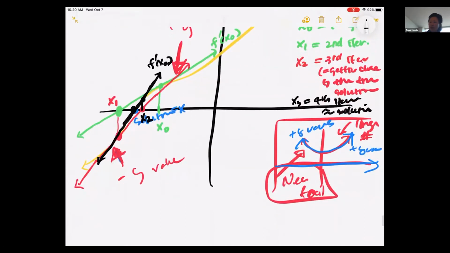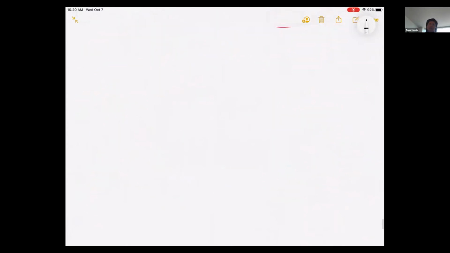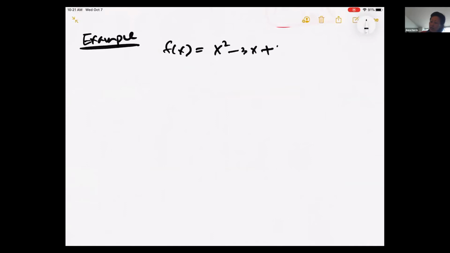Did everybody understand my picture? Because I'm going to move on and practice. Let's practice an easy problem so we know for sure. Let's start with an example. Say I choose f of x equal to x squared minus 3x plus 4.